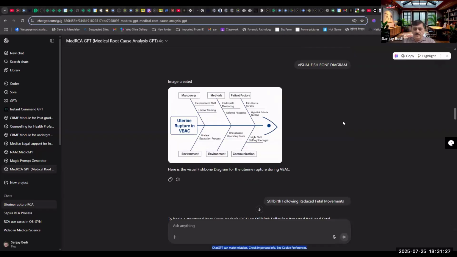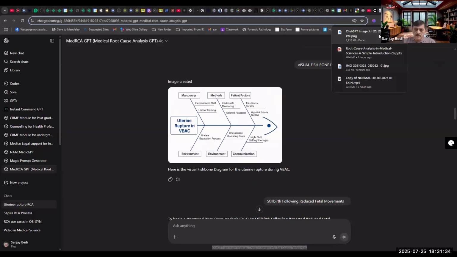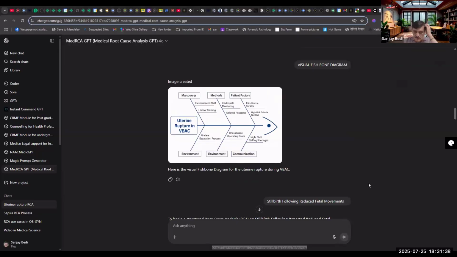An image takes a very long time, but this is how it can be generated with this tool.